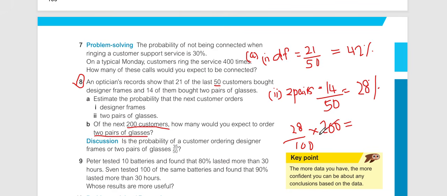So here I can cut it. Here 2, here 1. Answer is 56 customers are expected to order 2 pairs of glasses. Is that clear?